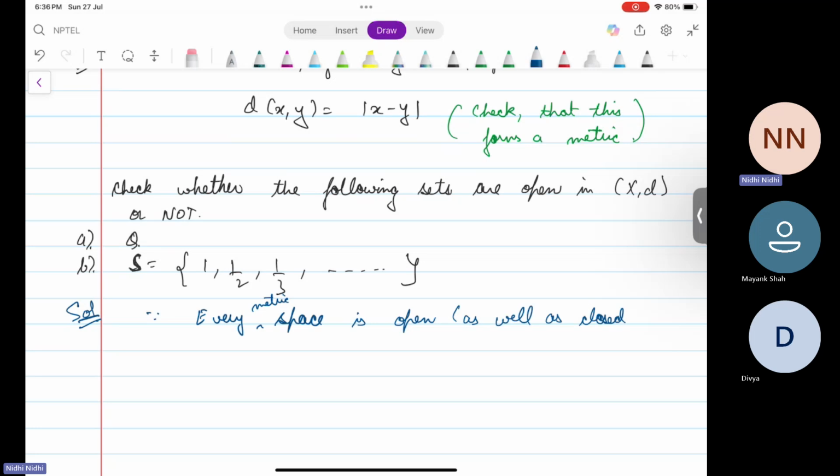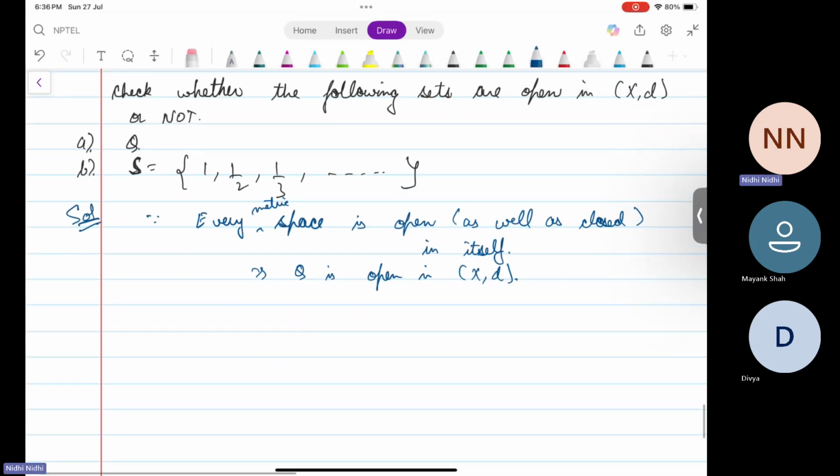These are the trivial open closed sets, the whole space and the empty set. Clearly Q is open in (X,d). So the first one is open.